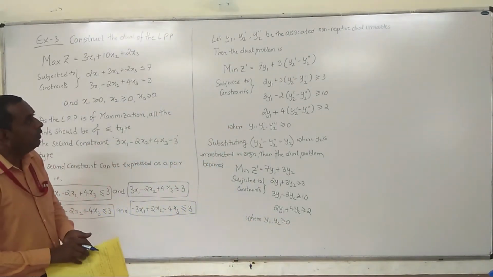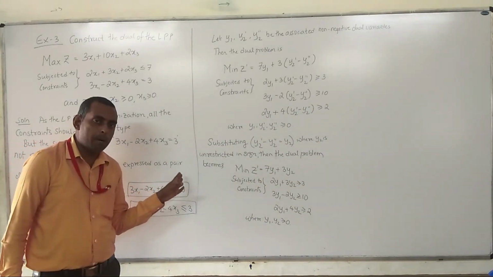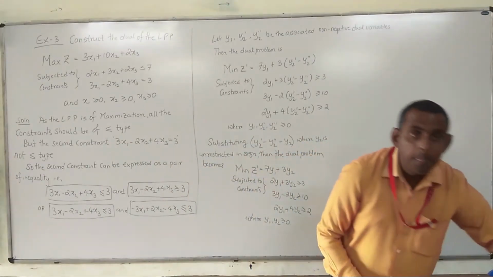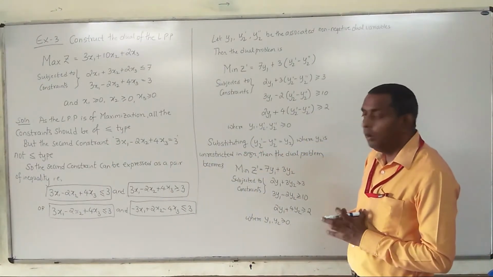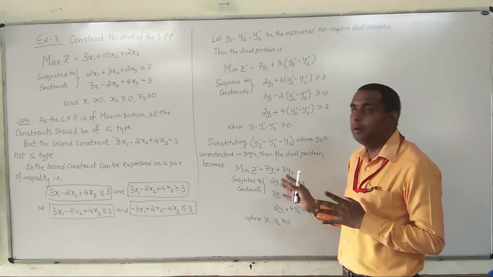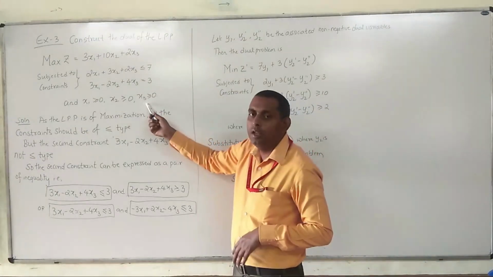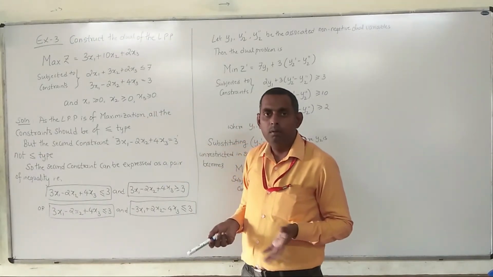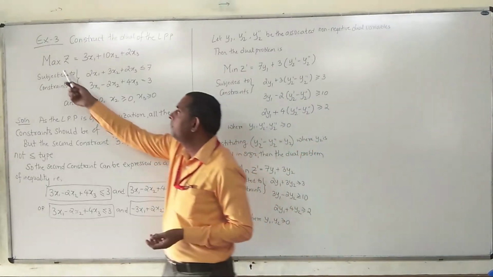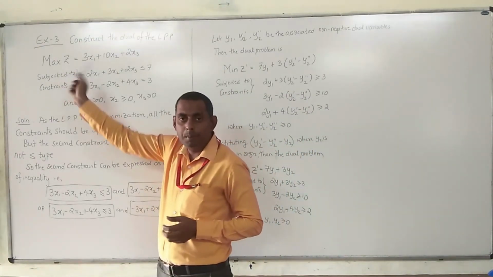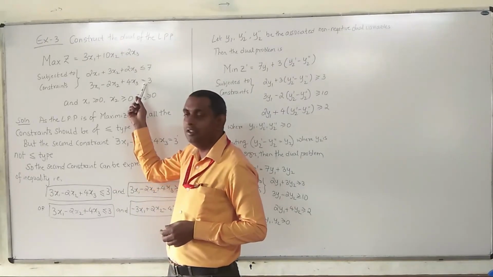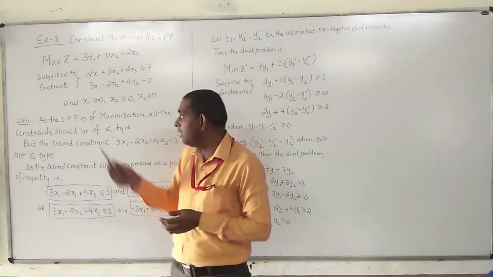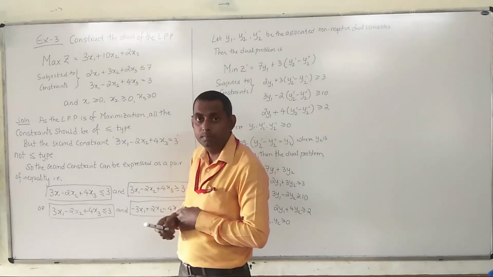So this is how we go from primal to dual here. Please follow this. For your clarity, let me repeat this once again. This is the given primal. The primal is not in canonical form because the objective function is to be maximized, so all constraints have to be of less than or equal to type, but one constraint is an equation.